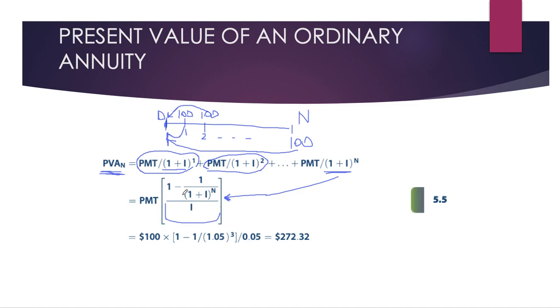And if we know the interest rate, then we can easily calculate the present value of an n-year annuity, okay? Suppose this annuity is for n equals 3, and the interest rate is 0.055, then the present value of this annuity for 3 years equals 272.32.